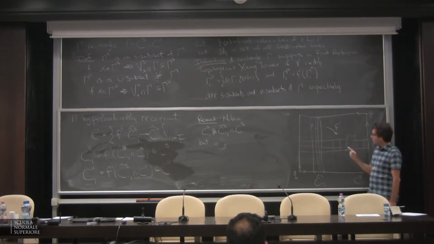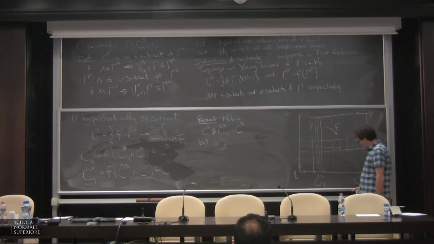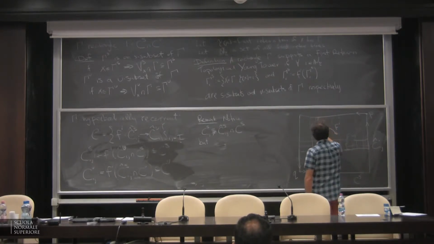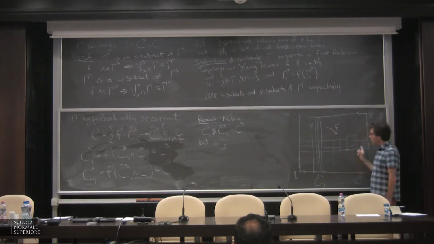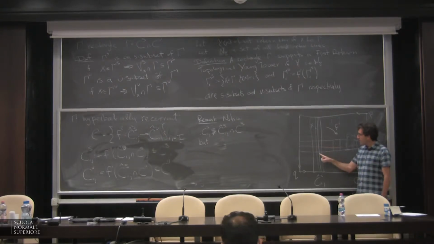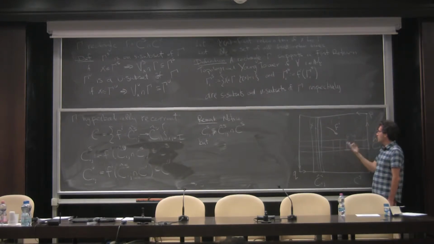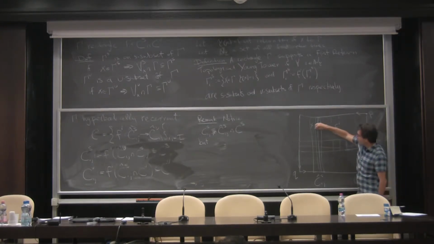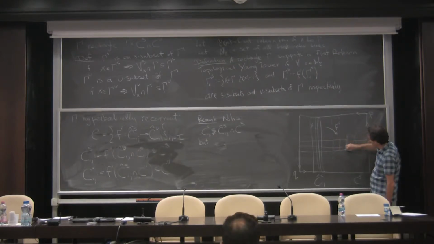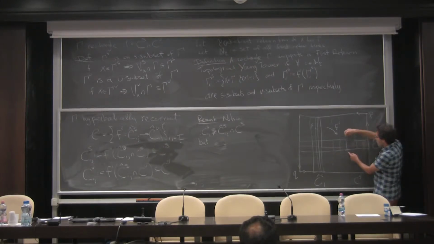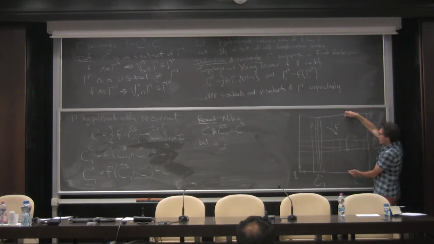What does that mean about their images? What this means is that if you have a stable leaf that does not come from this pullback, what does that mean about the image of this stable leaf? It might even be the one corresponding to x, which comes back here. It defines an almost return, but it might be that this almost return does not come back to a stable leaf.